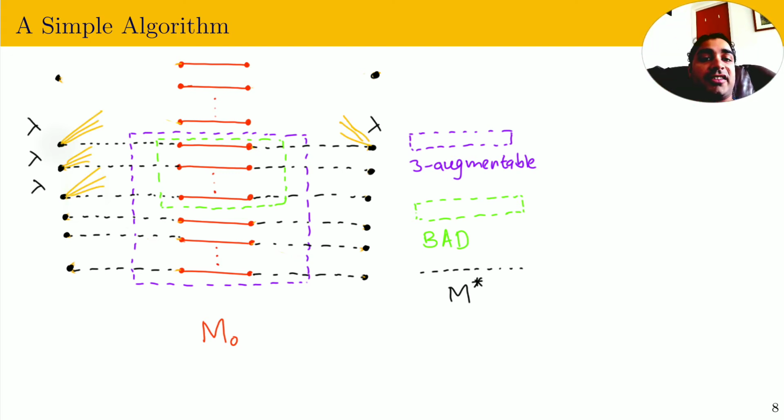So for example, I've shown here lambda support edges due to which the black edge incident to that vertex was not added to support edges, and that's why the corresponding edges are bad.